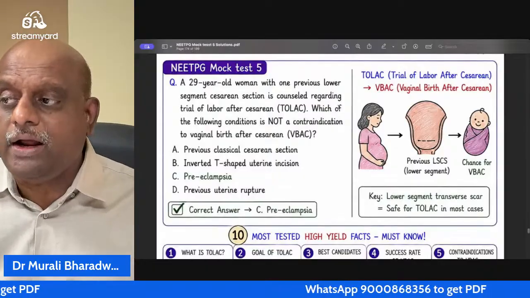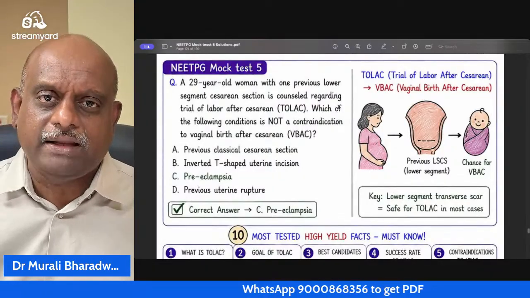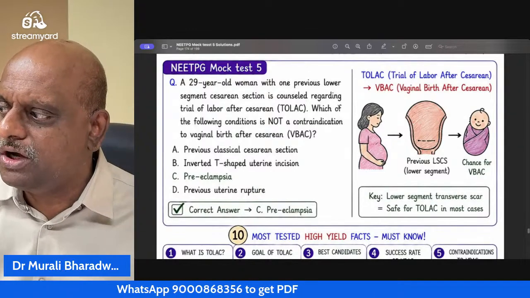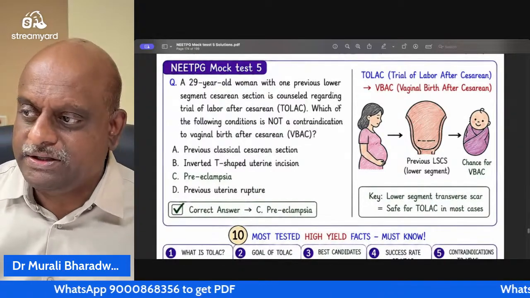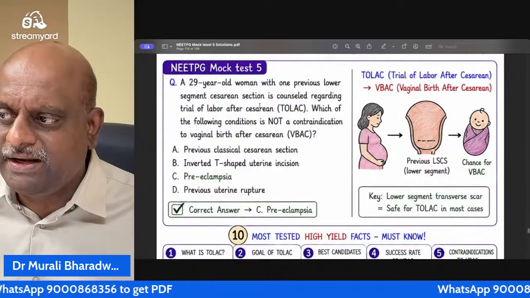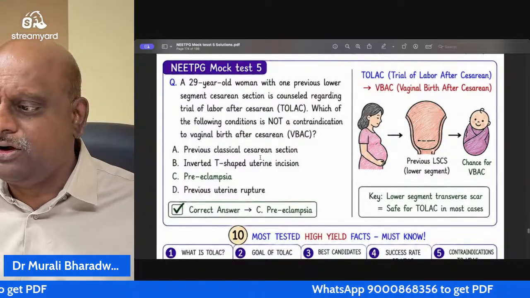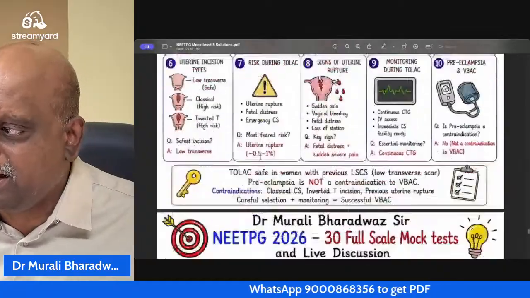Now, which is not a contraindication for vaginal birth after cesarean. Preeclampsia is not a contraindication. Previous classical cesarean, inverted T-shaped uterine incision, previous uterine rupture, they are all the contraindications.